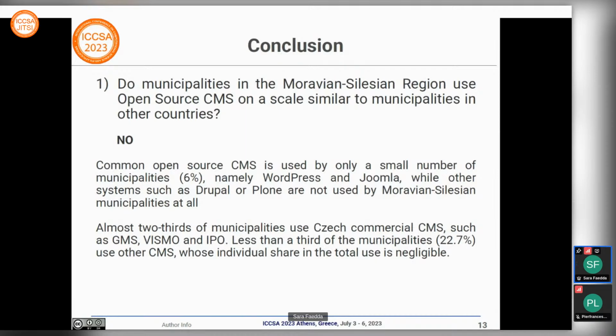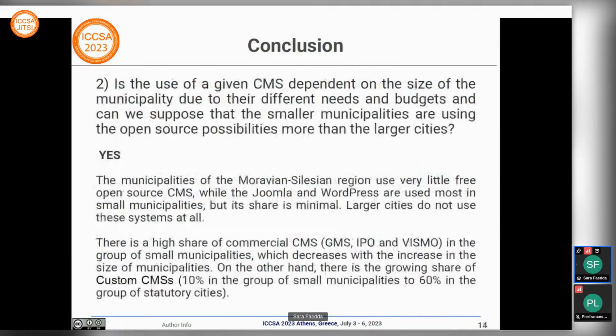So it is no, because we have our own, we can say, Czech and Slovak systems. And if it depends on the size of municipalities, we can say that it is yes, because the municipalities don't mostly use open source or free of charge systems, and they have their common ones.